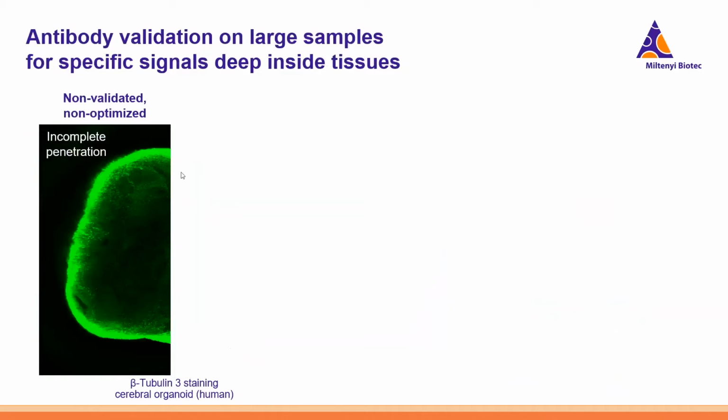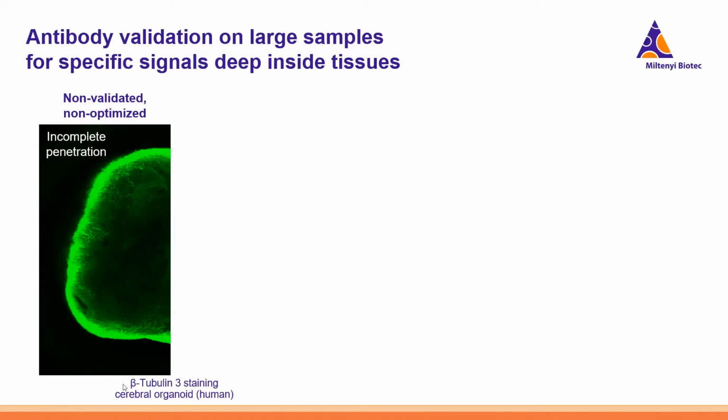Just to show you what this actually means and what you might have encountered yourself as well: when staining large samples with antibodies that are non-validated or non-optimized, you often see here a rim that is caused by antibodies not penetrating the tissue properly. This is here a cerebral organoid of human origin that has been stained with a beta-tubulin 3 antibody.